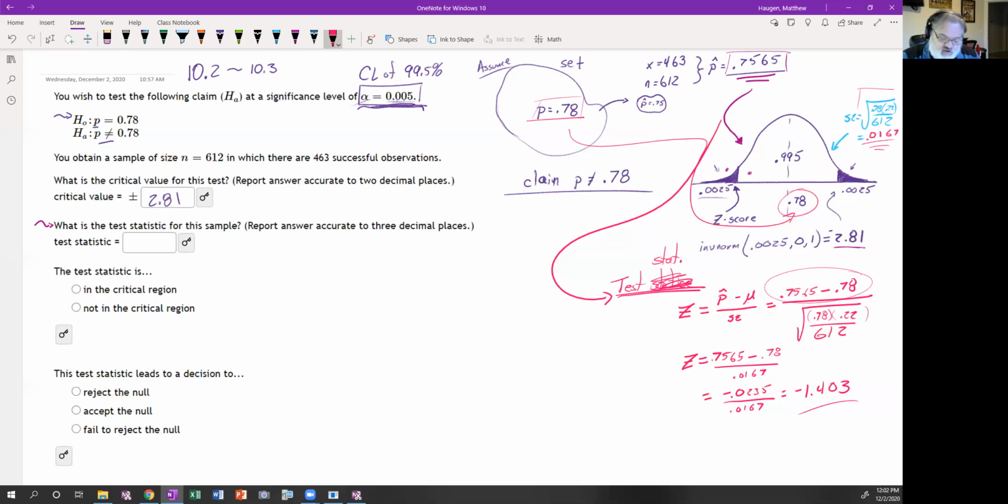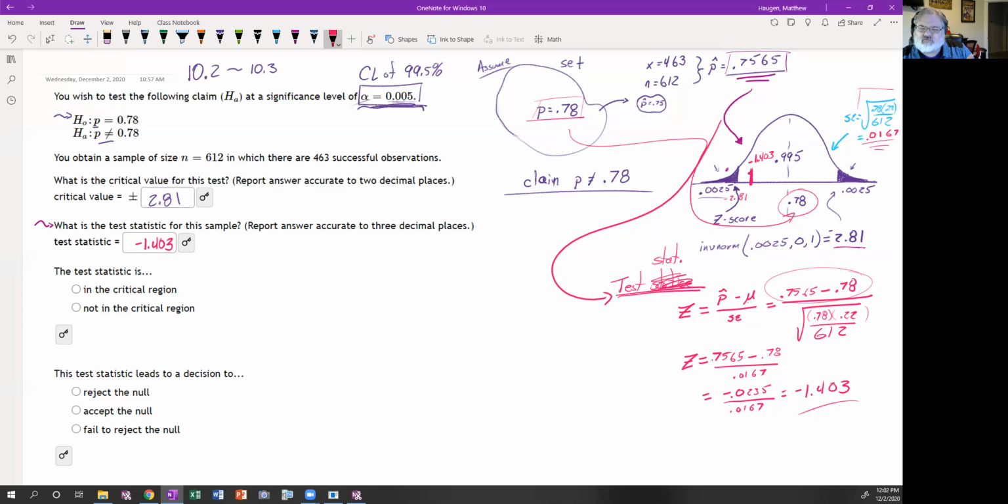Okay. So that is our test statistic, negative 1.403. In our diagram, that's well in that normal region. If this is a z-score of negative 2.81, our test statistic of only 1.403 is well inside that reasonable region.